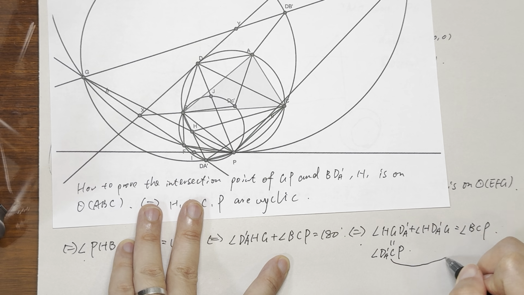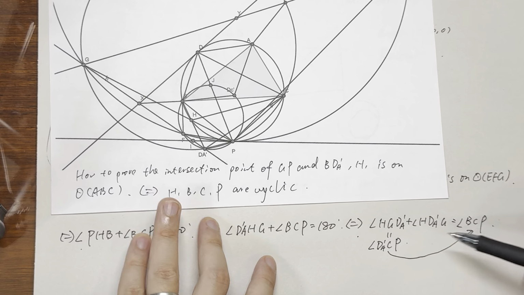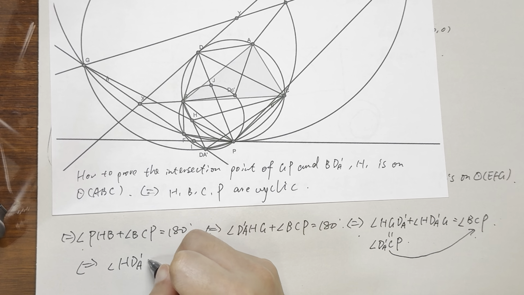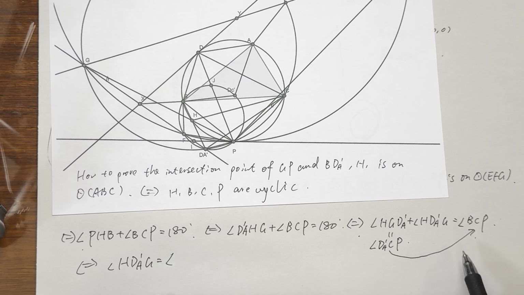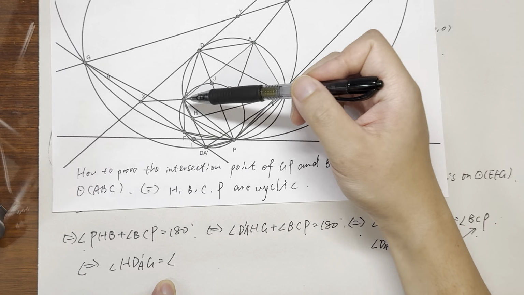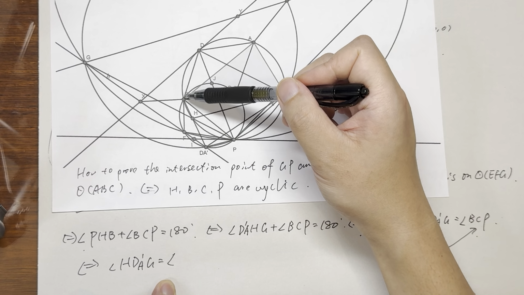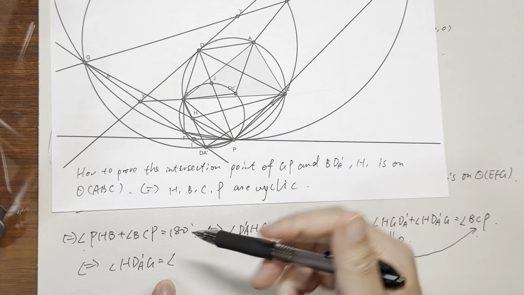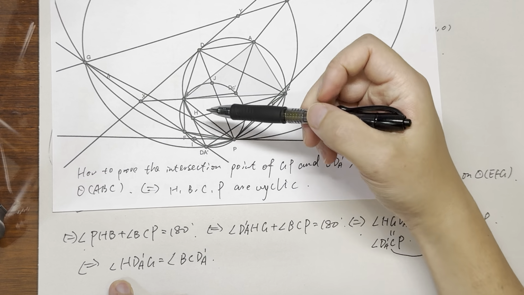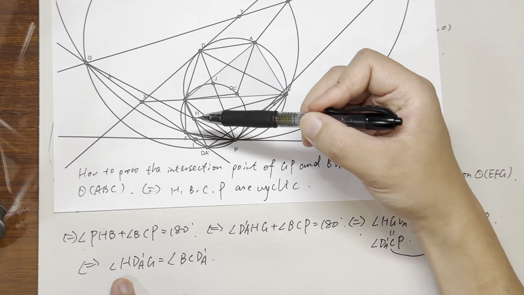So if we move this one to the right side, we know that this is equivalent to proving that angle HDA prime G equals angle BCP minus angle DA prime CP, which is angle BCDA prime, right?